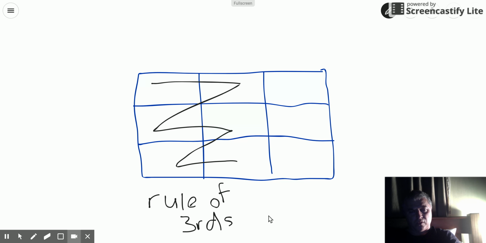Now, that's two columns to one column not filled in.